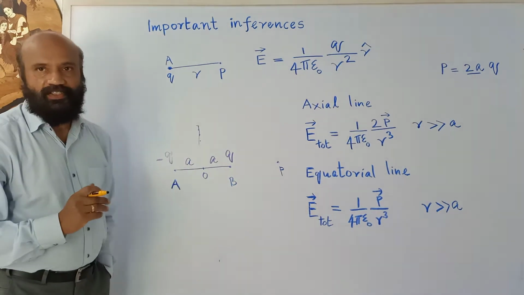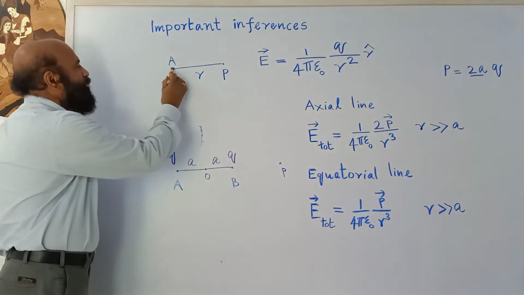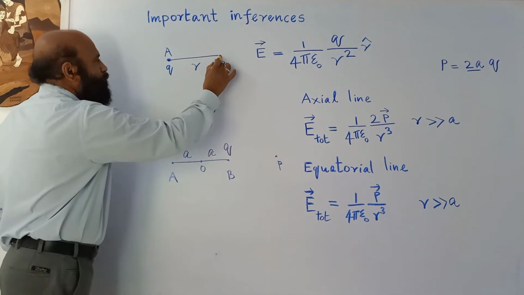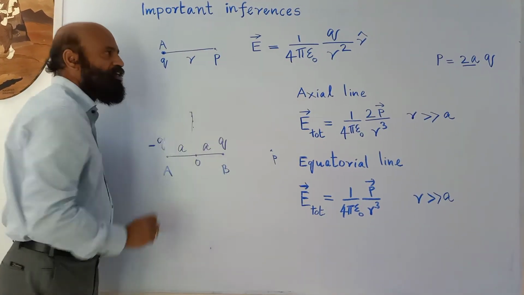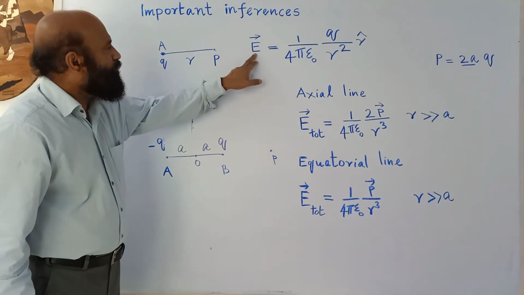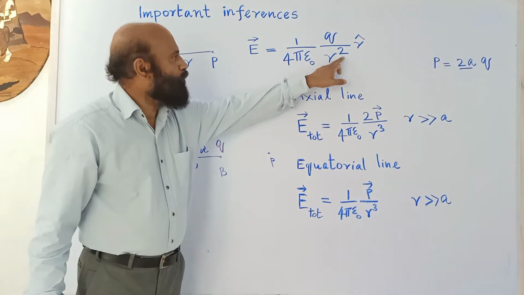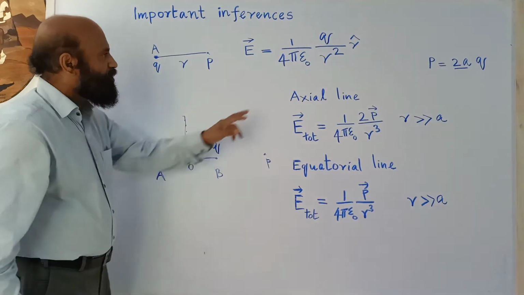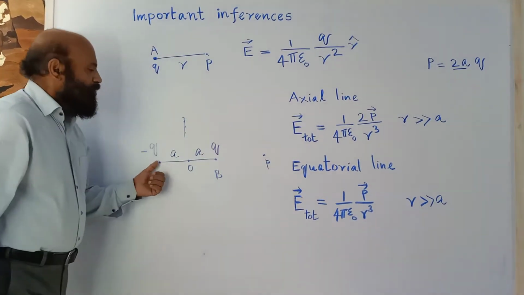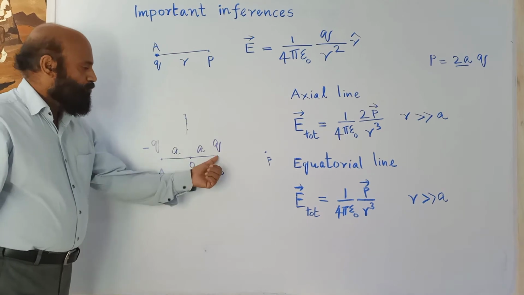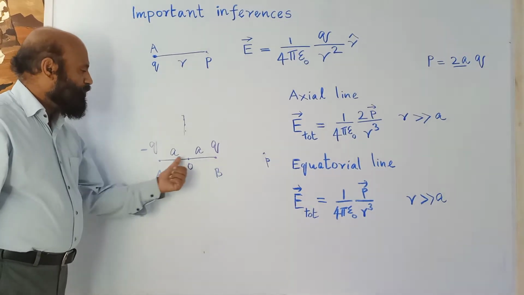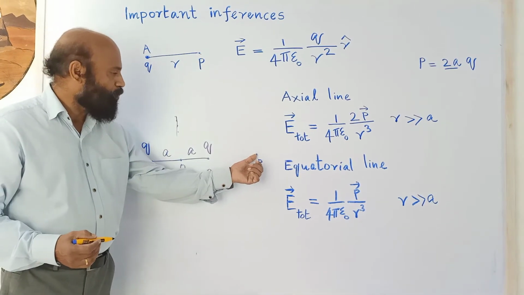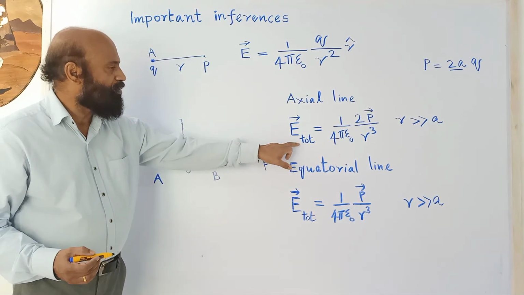Important inferences. Suppose there is a point charge at a point A. The electric field at a point P, which is at a distance r, is given by this relation. So the electric field is inversely proportional to the square of the distance of the point from the charge. Now, the electric field due to a dipole. Here two equal and opposite charges are there, separated by a small distance. The electric field at a point on the axial line is given by this relation.